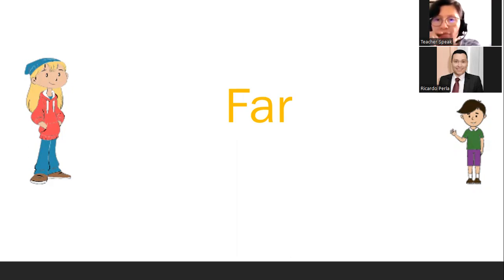For example, if I have an object and the object is far and it's only one, what is the demonstrative adjective that I use? Look at the girl and the boy. Remember, we have this, that, these, and those.